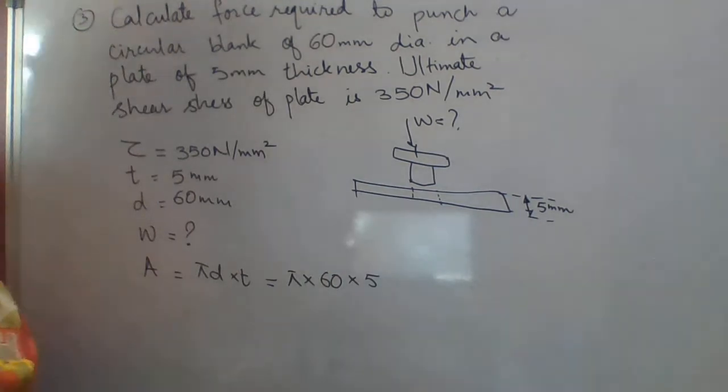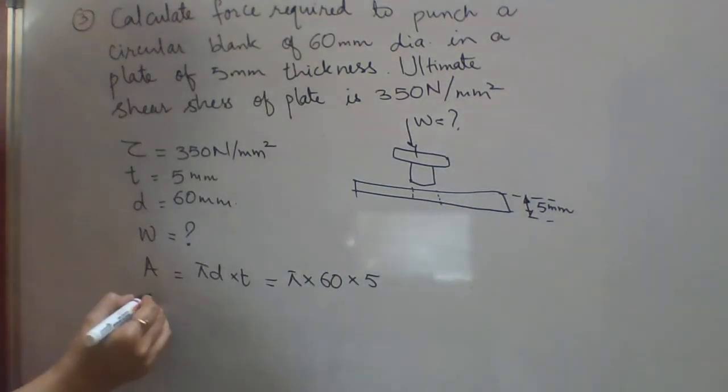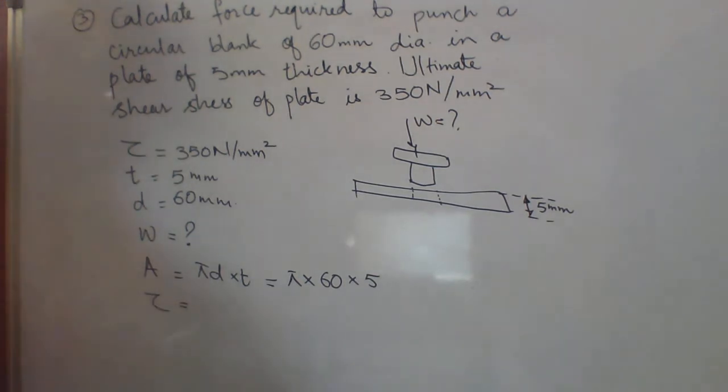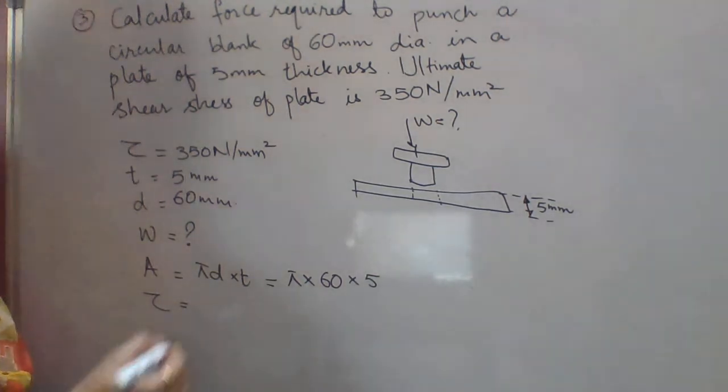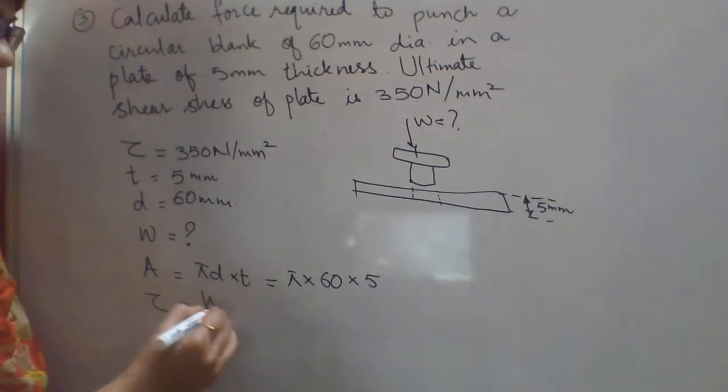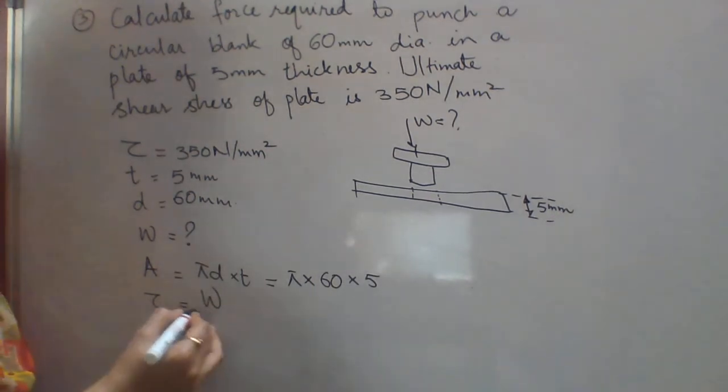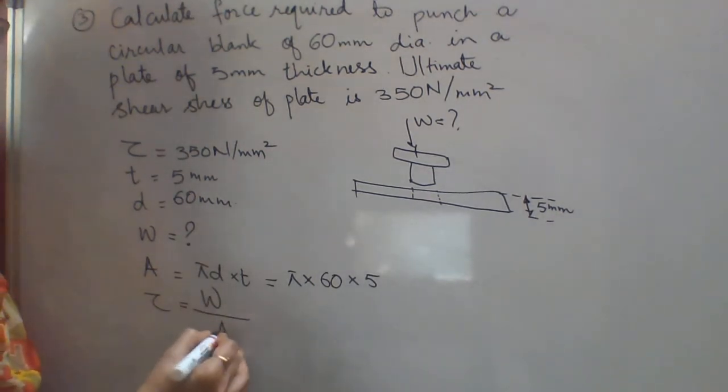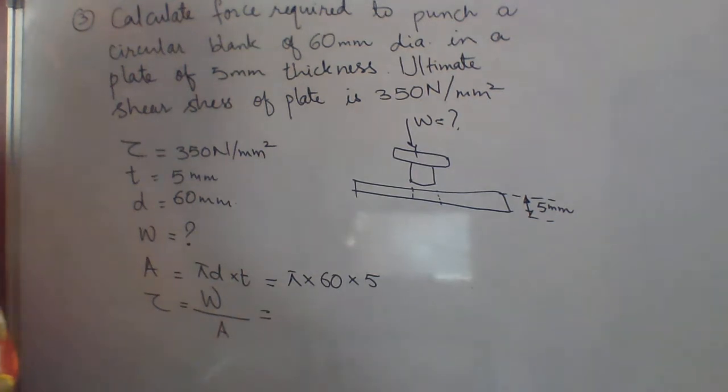So pi into 60 into 5. Now we know that the formula for shear stress remains the same: load upon area. So the force which is going to punch this hole, divided by the area. W is unknown.